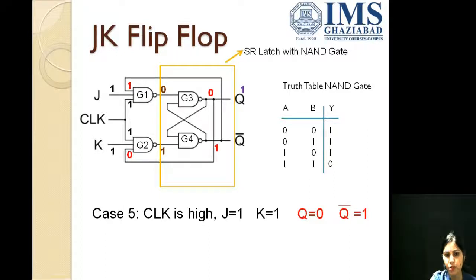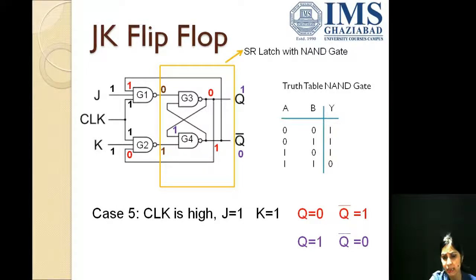So G4 would be having two inputs 1 and 1, leading to the output Q bar as 0. So in this case, we would be having Q as 1 and Q bar as 0. That means a toggling has occurred. We have seen the toggling has occurred. Previous output was 0 and the current output was 1. That is, previous value of Q is 0 and now the current value of Q is 1.